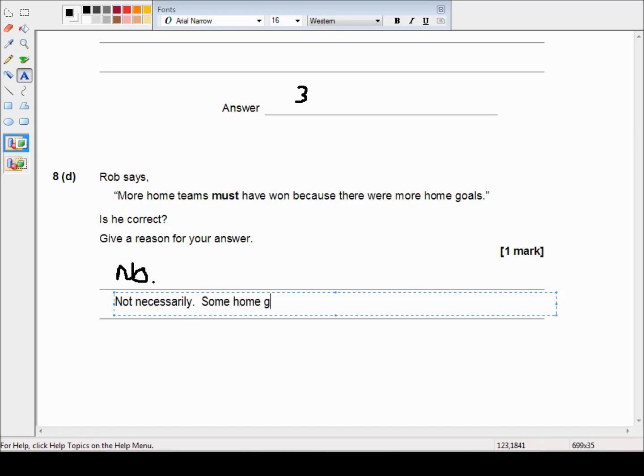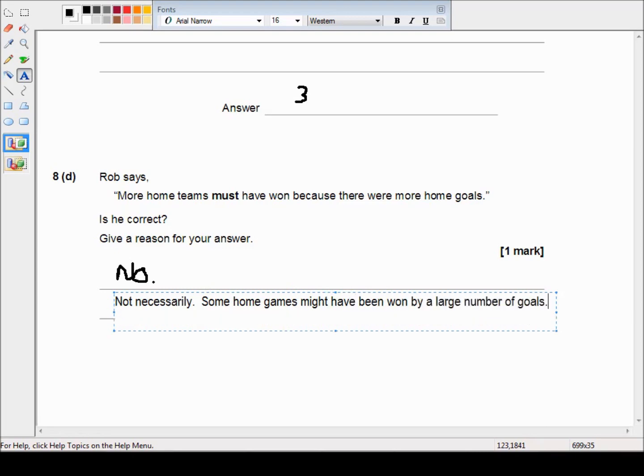Some home games might have been won by a large number of goals. Because if you scored a lot of goals in 1 or 2 games, you could still have lost most of your matches, but still have had more home goals overall.